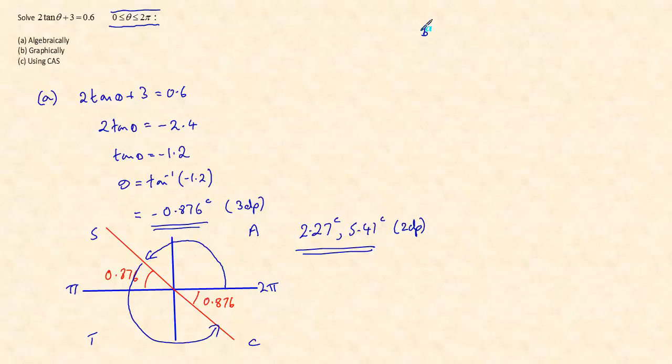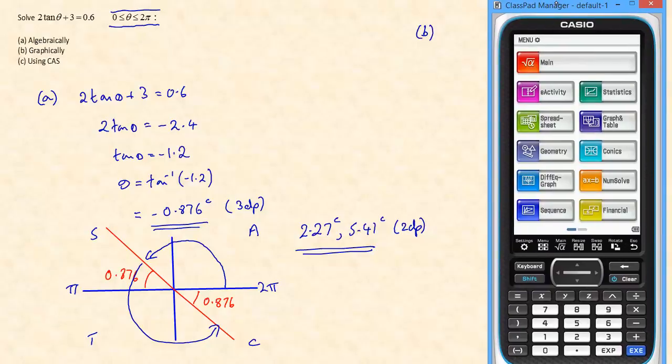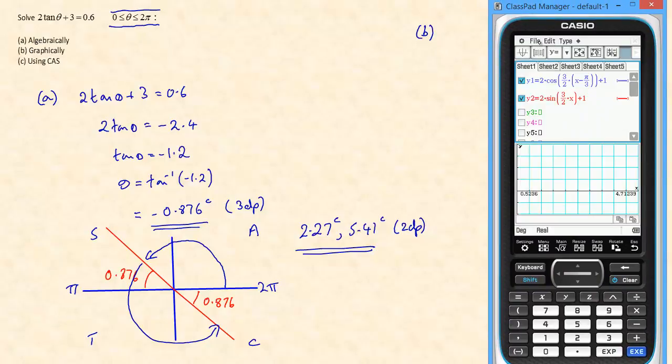Now for part B, we want to do that graphically, and really that does mean on the calculator. So let's go to graph and table, and we'll just clear anything that we have at the moment. And we're in degrees here, but we need to be in radian mode.